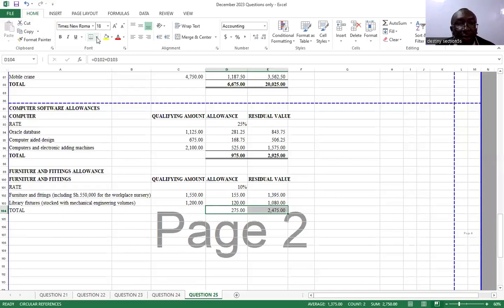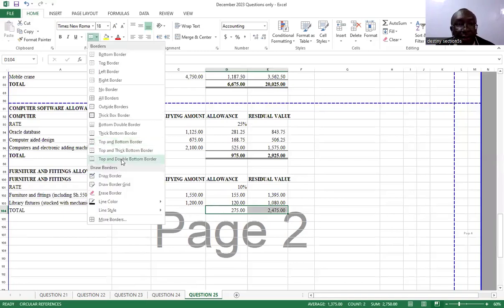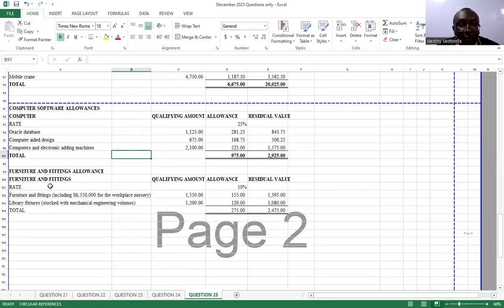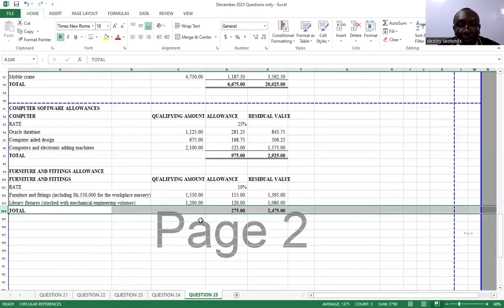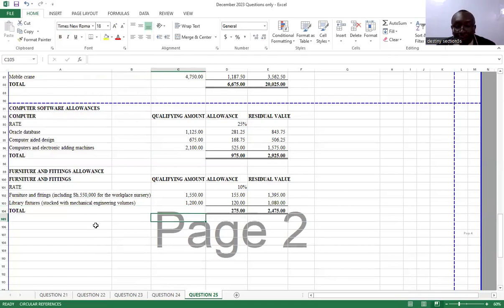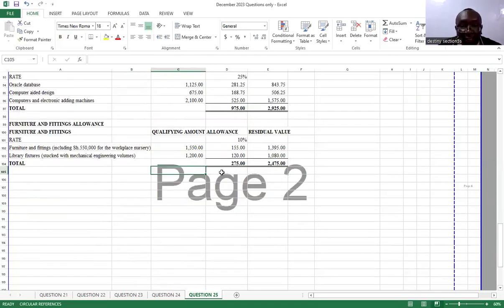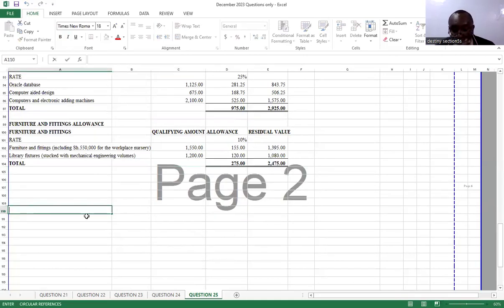And now this part, you come and double the rule. Then the whole of this column, we can make it bold. I mean, that through. The last thing is, let me put it here, other machinery allowance, so that it's not overlapped by the watermark there. Other machinery allowance.